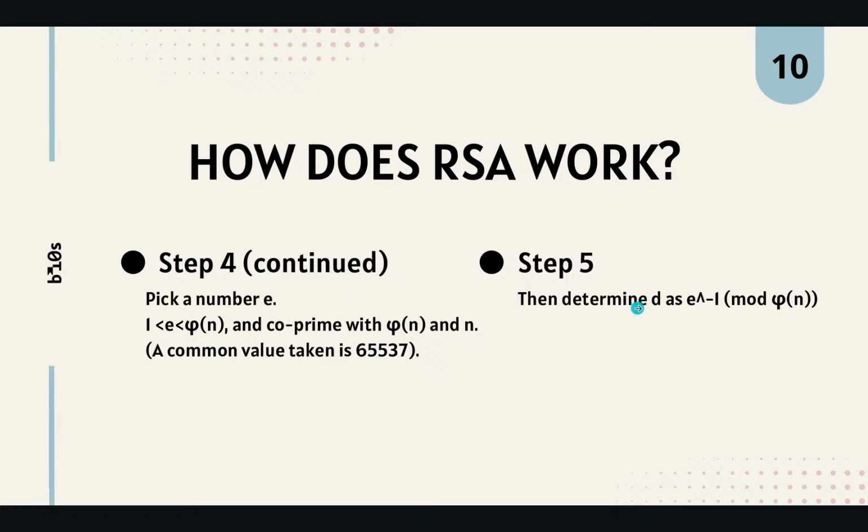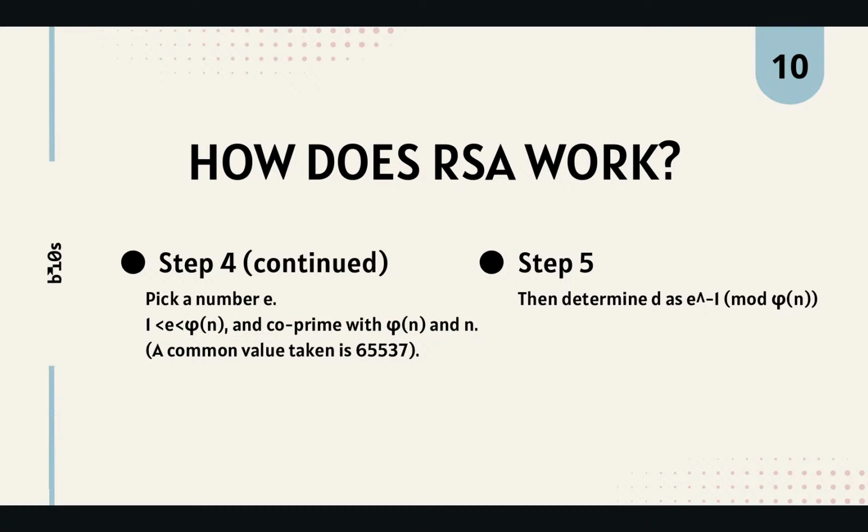The next thing we do is calculate a value called d. I mentioned how modular inverse works. Similarly, we find d as the inverse of e mod phi. So e and d are inverses. What would e times d mod phi be? It would just be 1.